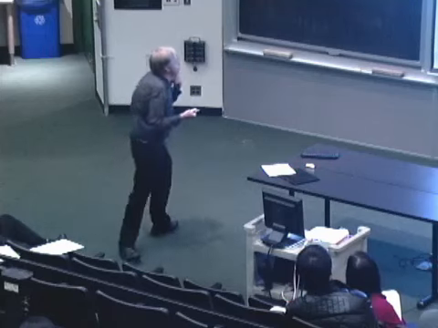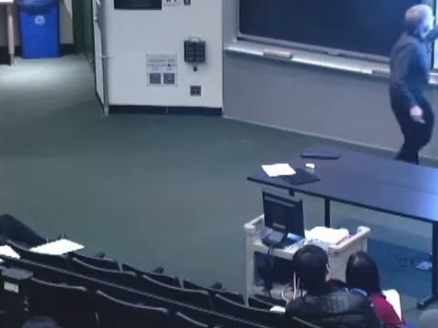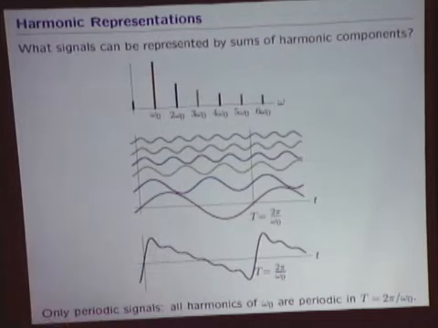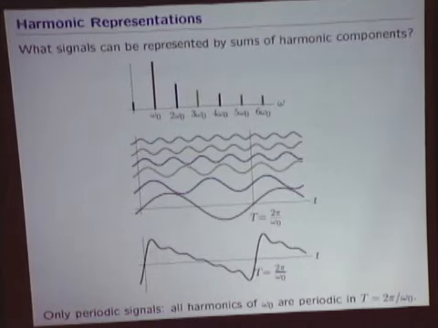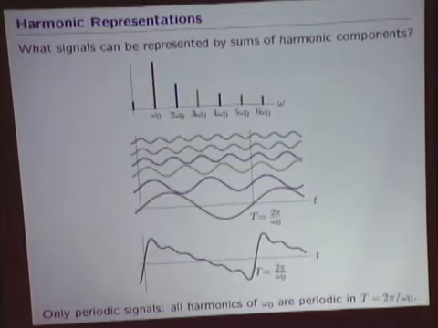And one thing that should be clear is that these harmonics are all periodic in the period of the fundamental. So one thing that you can think about by thinking about the time representation of what harmonic signals ought to look like, periodic signals are sort of our only candidates.